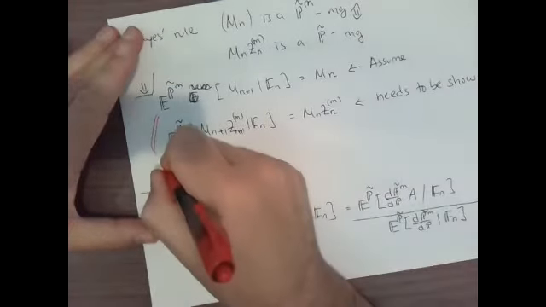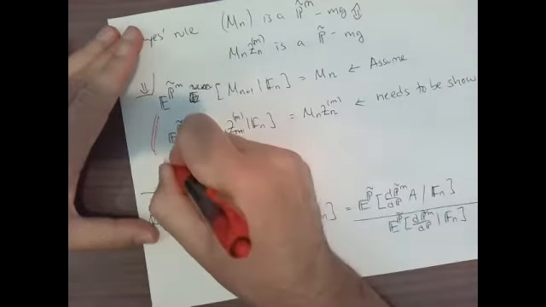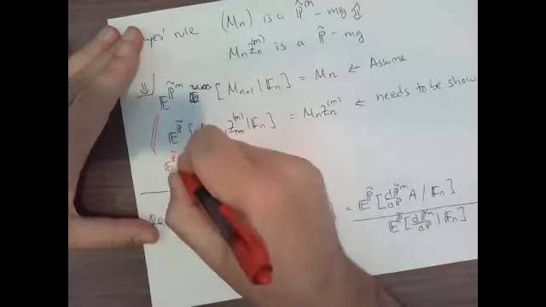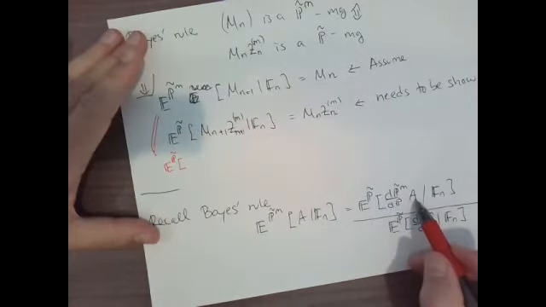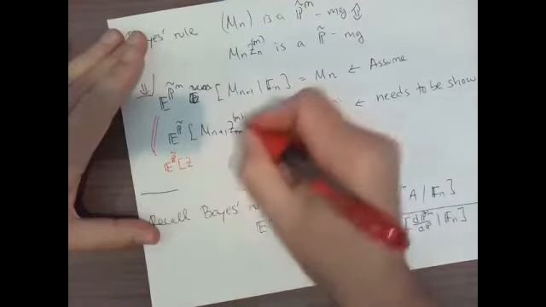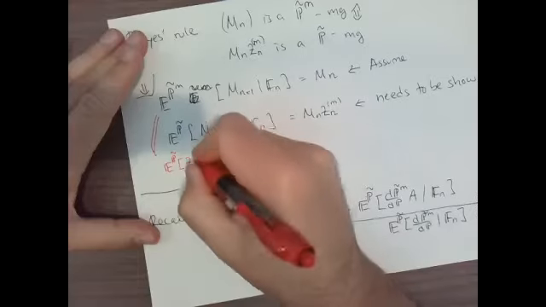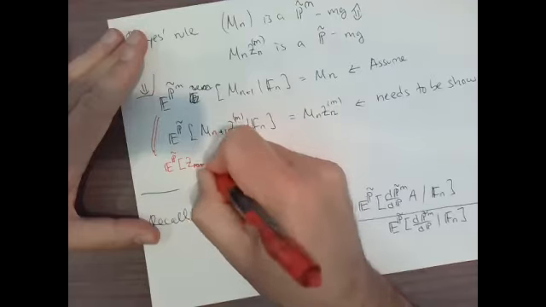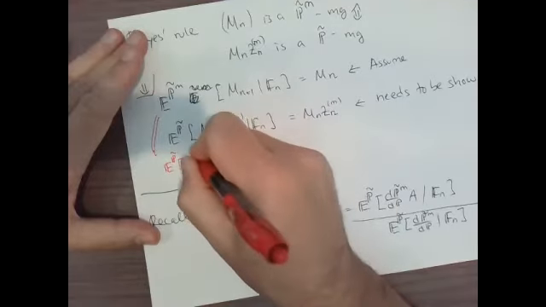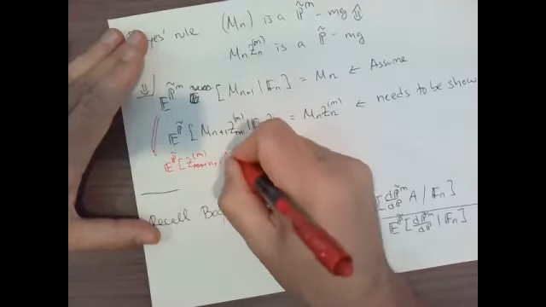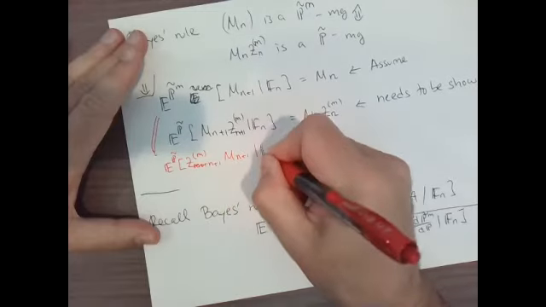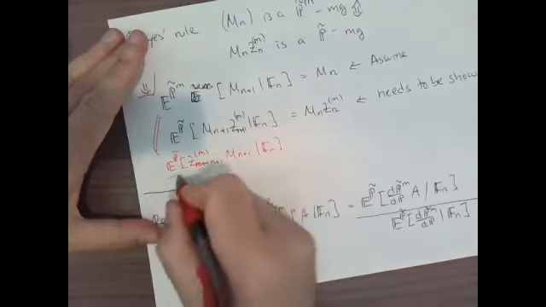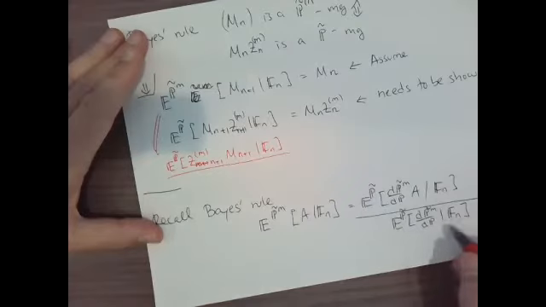So this will be E P tilde of the Radon-Nikodym derivative C M n plus 1 times M n plus 1 given Fn, divided by the Radon-Nikodym derivative.